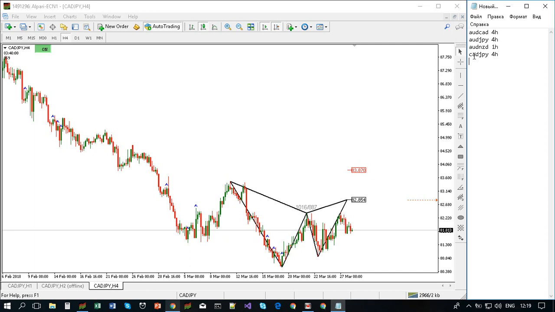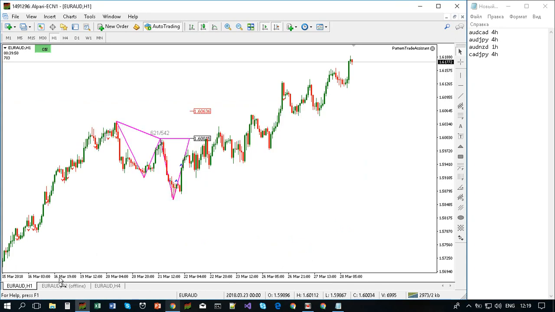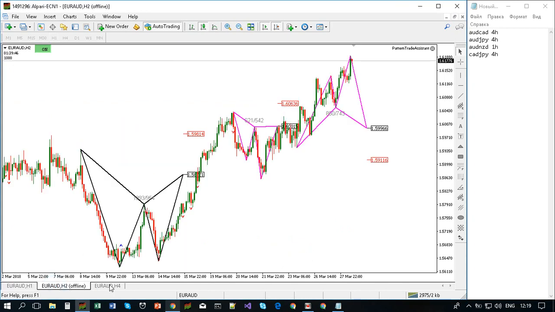CAD JPY, 4 hour, I suppose. Okay, going next, Euro Aussie. You see how boring this analysis is? Simply switching between these. Okay, Euro Aussie 2 hour is the cipher pattern here.